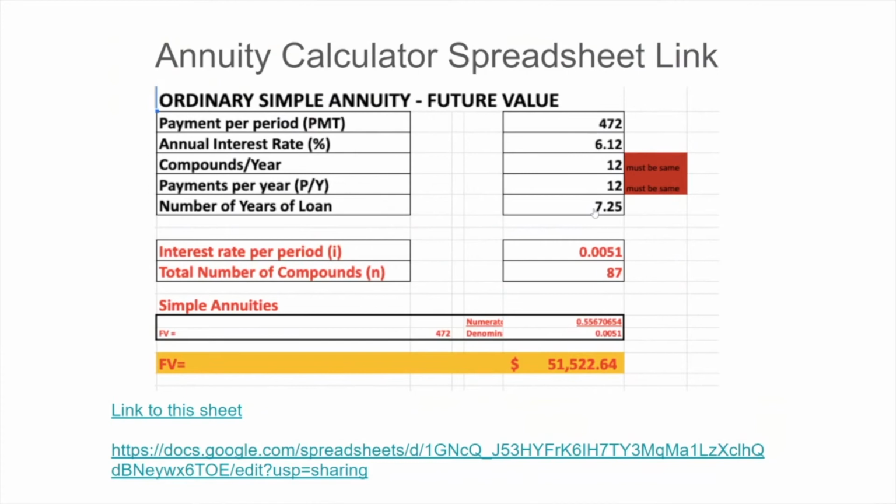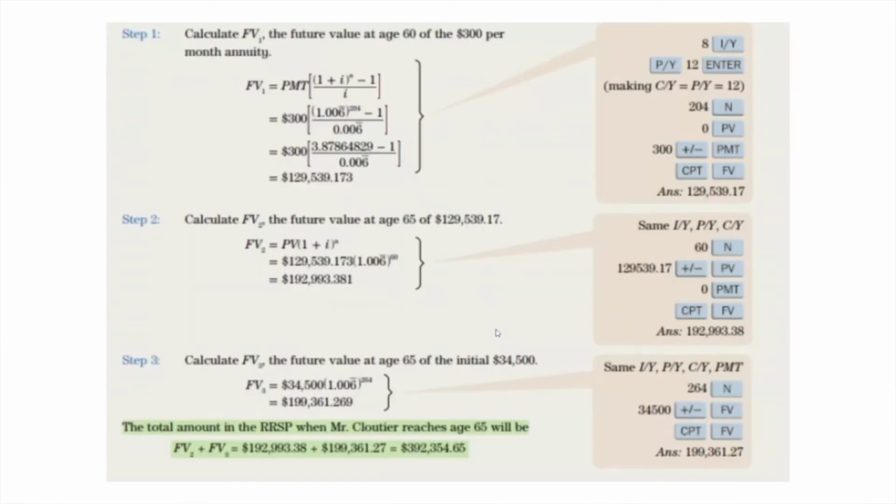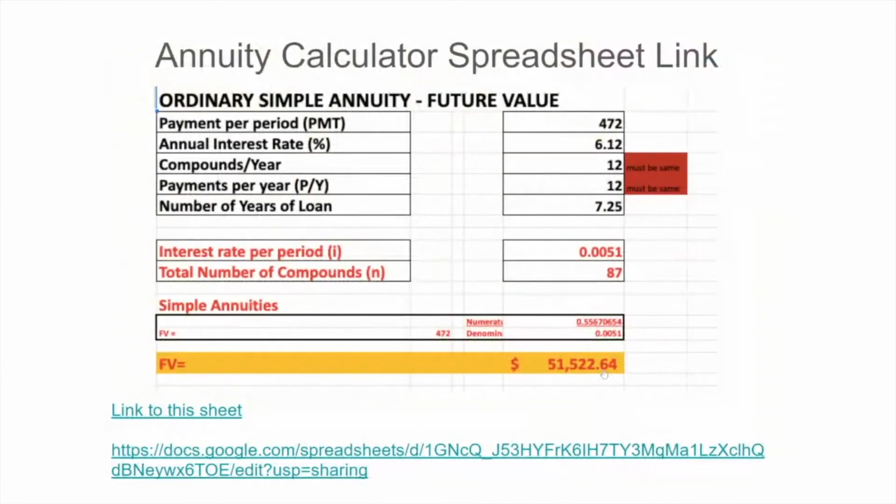That little spreadsheet then will calculate the value of i, which is the interest rate per period, and it will tell you the total number of compounds, and it will write the formula for you. So FV is the payment times what I call the numerator and the denominator, this bit here and this bit here, and it will give you the future value. So I just use my little spreadsheet to go through and get the answers very quickly, and it just double checks.